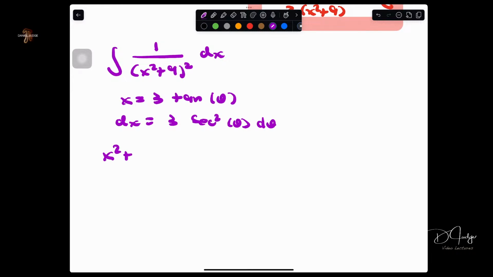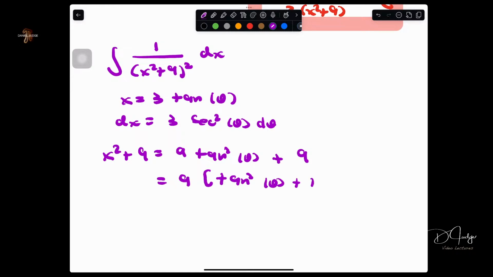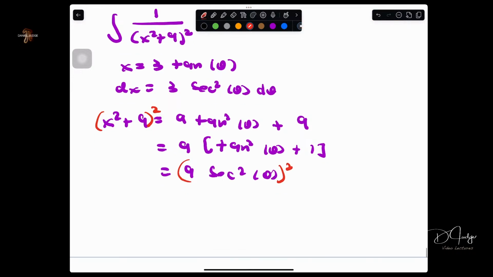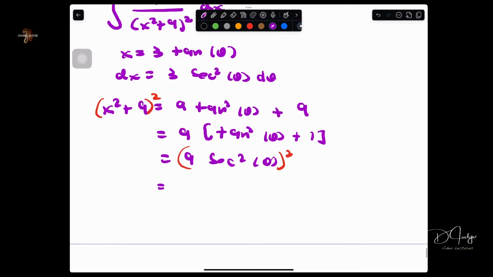Now, x squared plus 9 is going to be 9 tangent squared theta plus 9, which is 9 times (tangent squared theta plus 1), which is 9 secant squared theta. But we're supposed to square this, so we end up with 81 secant to the 4th theta.